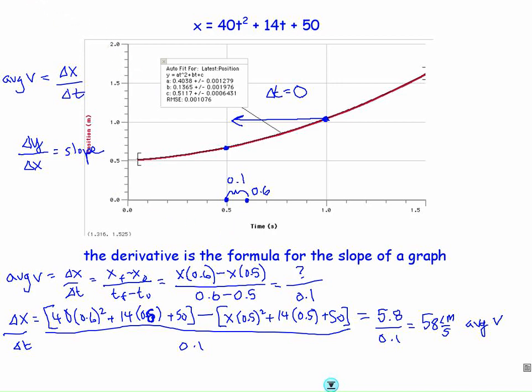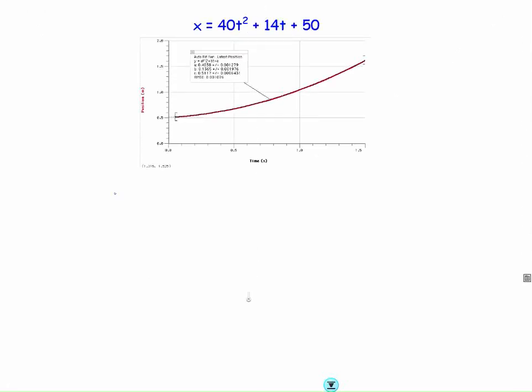Let's take a look at how you would do the exact same thing with symbols. So there's our equation, there's our graph. But now I'm going to show you the power of symbols in algebra. I'm going to take the same 2 points, except now I'm just going to call this point t instead of calling it 0.5. And this point right here, it's a little different from this.